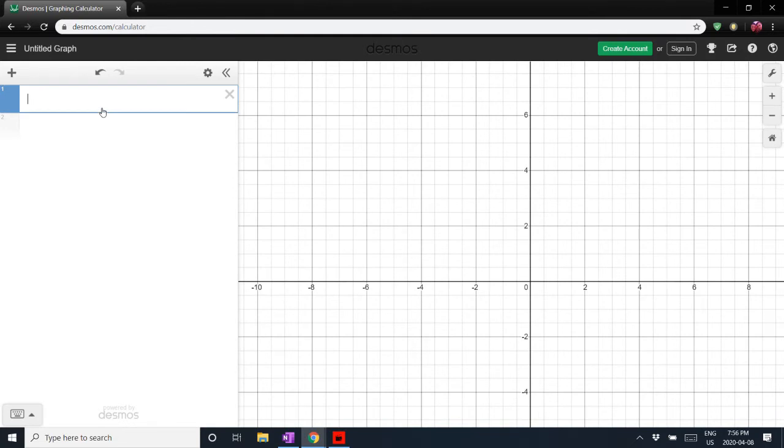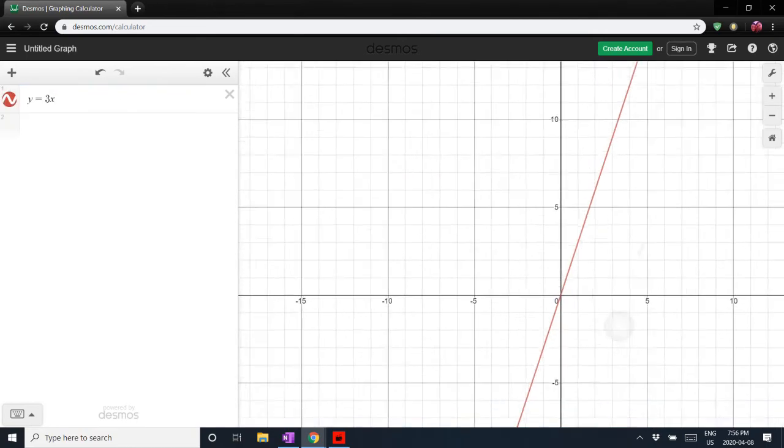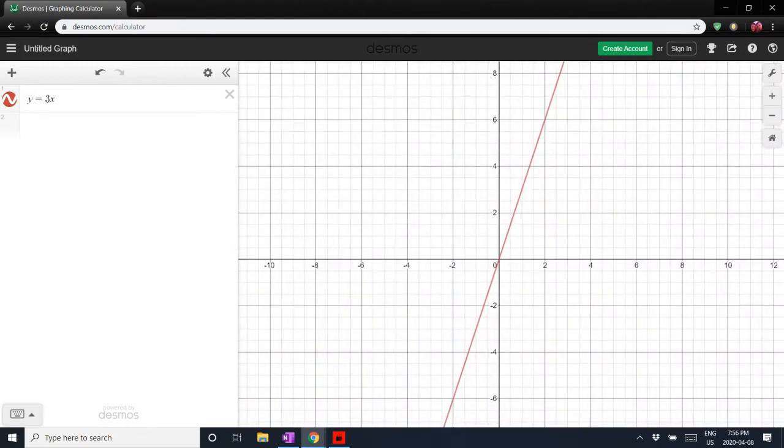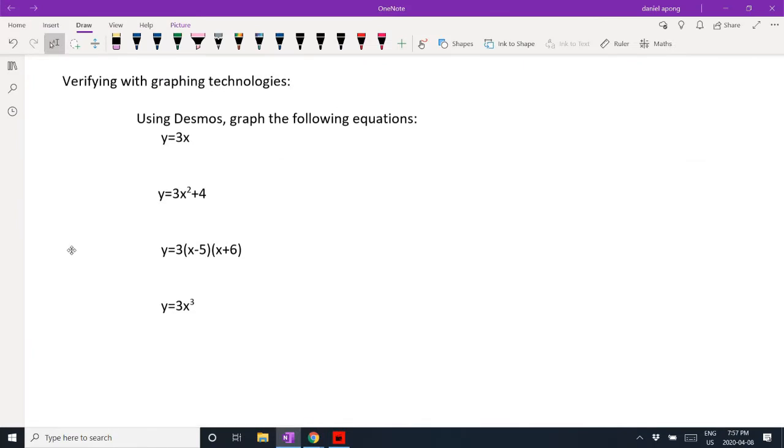We're going to enter our first graph, which is y is equal to 3x, and it'll graph it for you. You can zoom in and out to take a look at the graph. Looking at this graph, we can see that it is not a parabola, but a straight line. So we would call this linear.